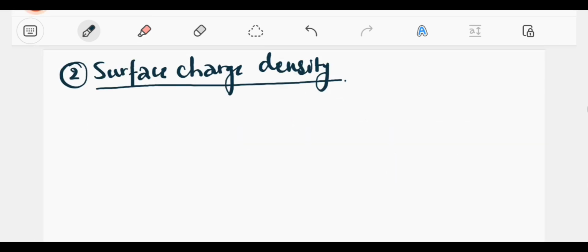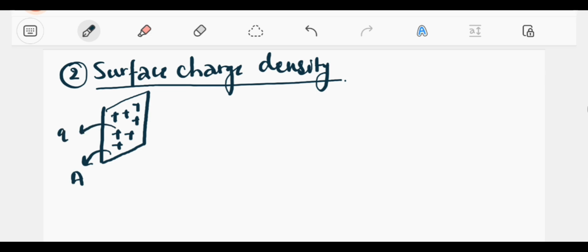Now here, students, in surface charge density, let us consider a surface whose surface area is capital A, over which the charge is uniformly distributed. Let us consider Q amount of charge uniformly distributed over the surface whose area is A. In this case, the surface charge density, denoted by sigma, will be equal to Q, the charge uniformly distributed, upon the area of the surface.